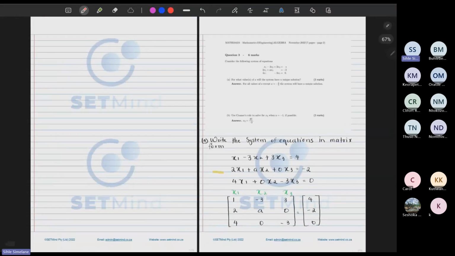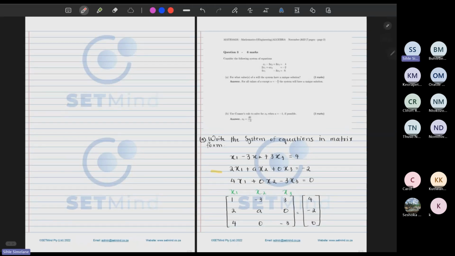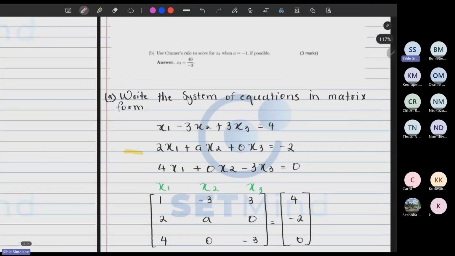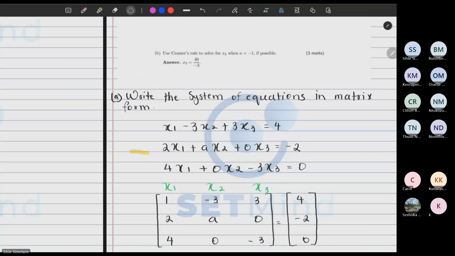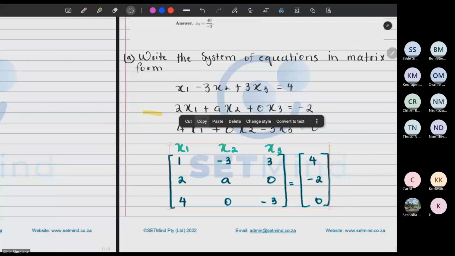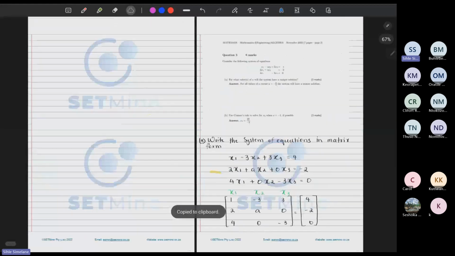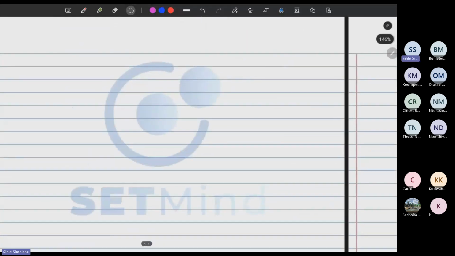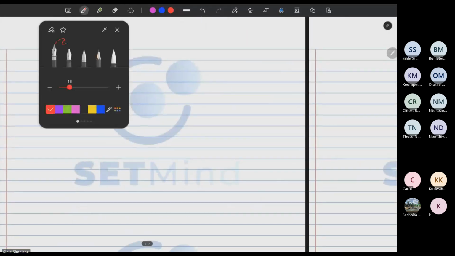So let's quickly come, they're saying our A is -1, they gave us for B. So I'll take the system of equations, which is in matrix form, and go ahead and solve the problem. We are looking at B, and you all should be able to do Cramer's rule.